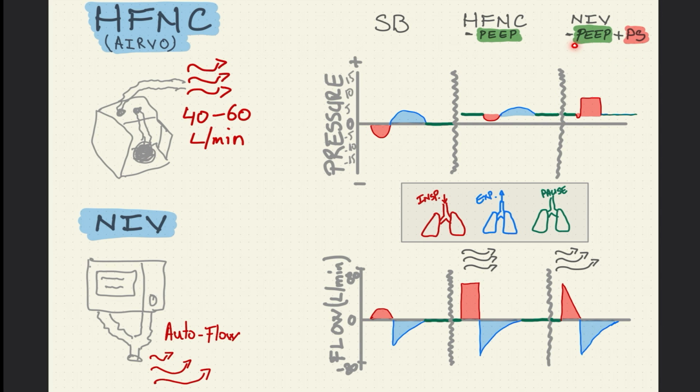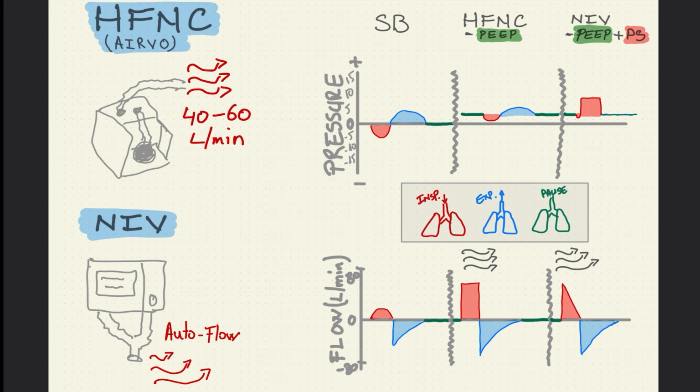The operator sets the PEEP and the machine adjusts the flow in order to keep this set positive end expiratory pressure. Notice here during inspiration, the diaphragm contracts and creates a negative pressure, but this negative pressure is much shorter compared to the previous examples.